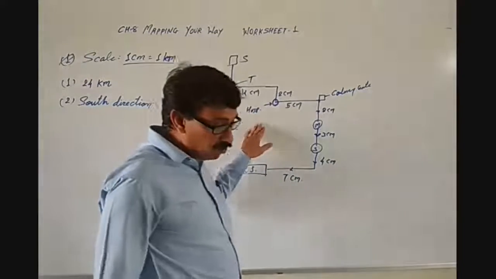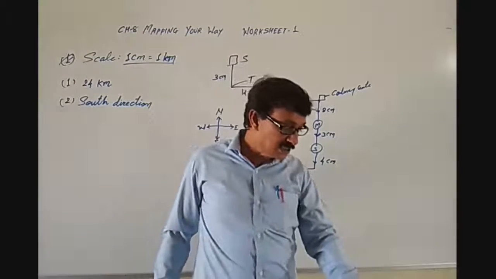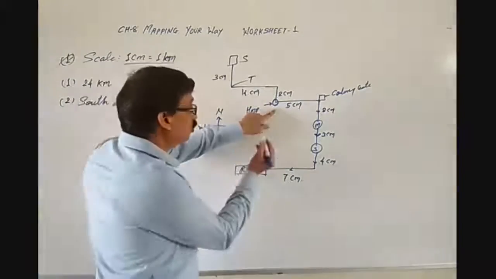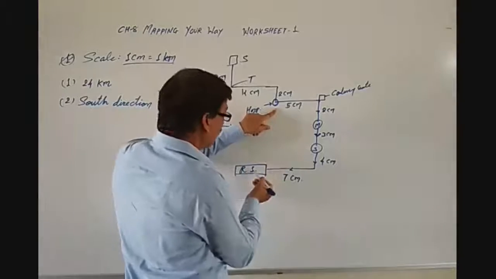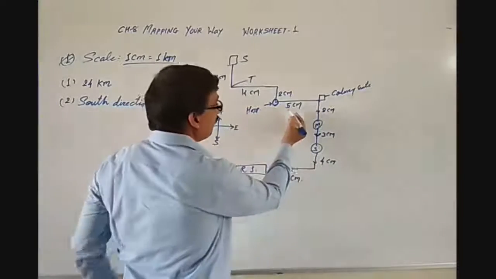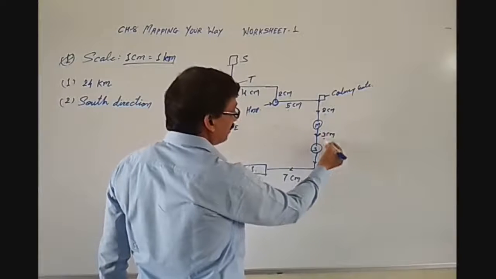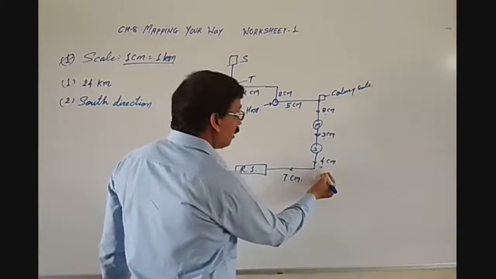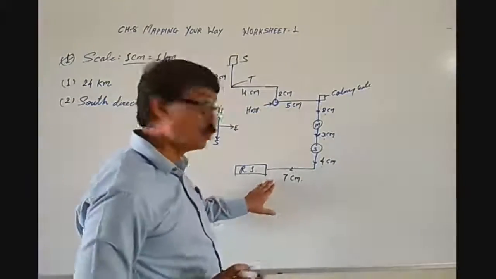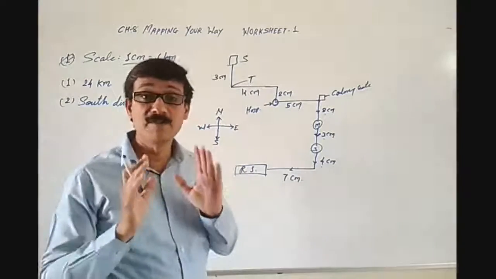Okay. Now we want to find out what is the distance between hospital and railway station. This is hospital, and to reach the railway station we have to follow this direction, isn't it? So we have to go 5 plus 2 is 7, plus 3 is 10, plus 4 is 14, plus 7, 27 centimeter. This is 27 centimeter as per our map.